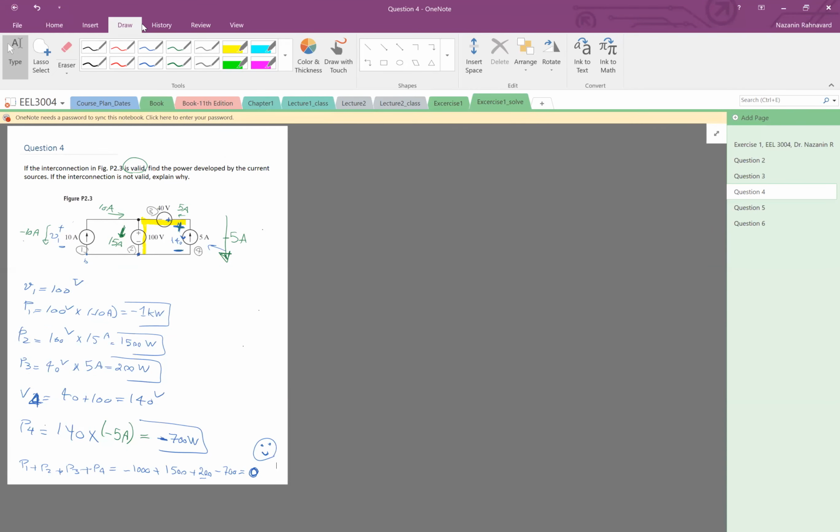Okay, and which elements are generating power? So this element P1 and, negative, yeah, P4 are generating power, delivering power.